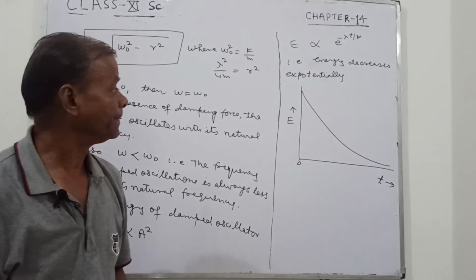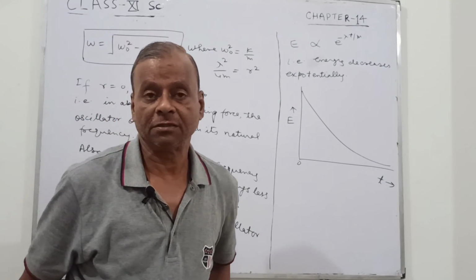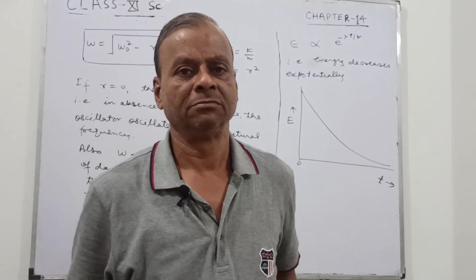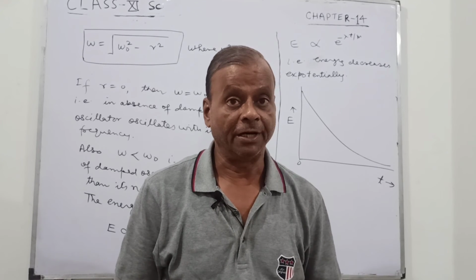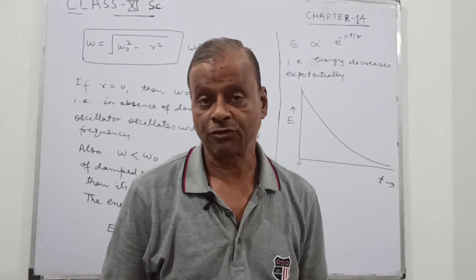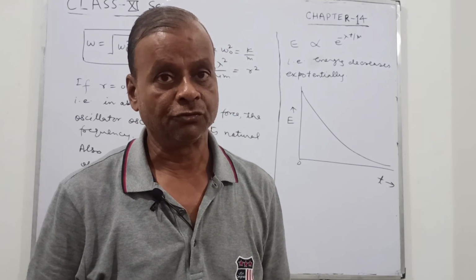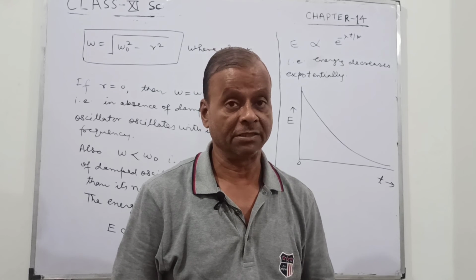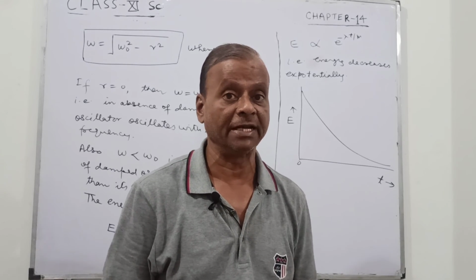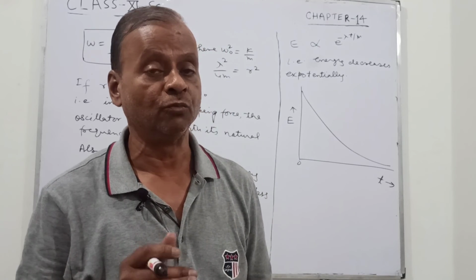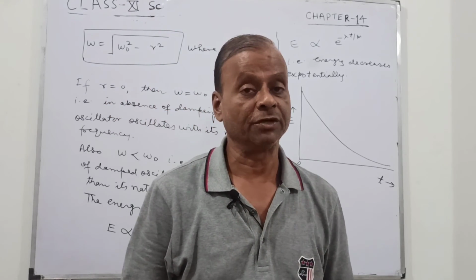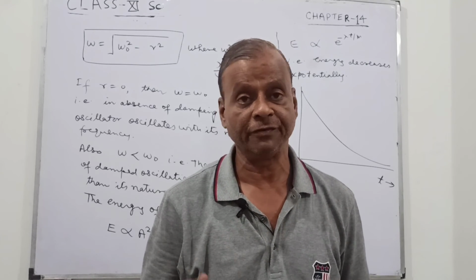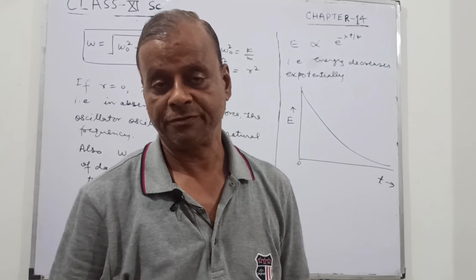So whatever oscillations happen in nature, they all are damped oscillations, because every particle or every body is oscillating in air. So this is the friction due to the air. But since the damping due to the air is less, so particle continues to move for some time. And if it is left freely to move, then after some long time it will come to the rest position.